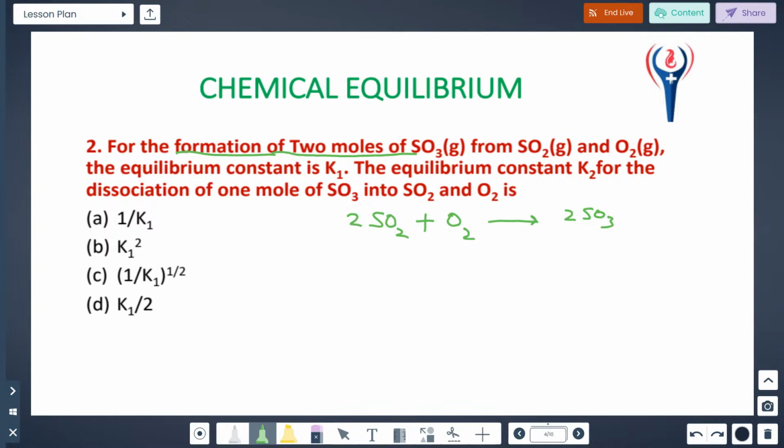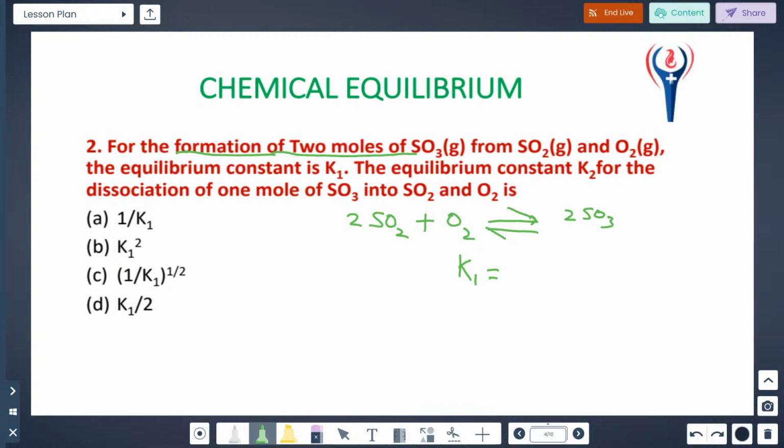Now its equilibrium constant is K1. For any equilibrium reaction, we can write the equilibrium constant as product concentration by reactant concentration.